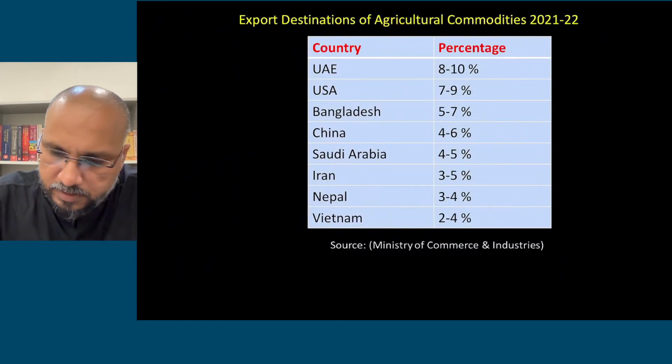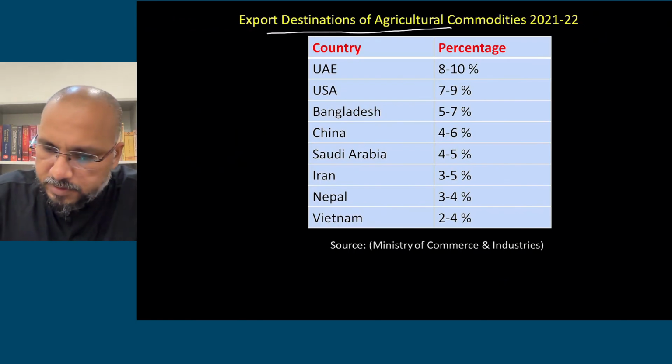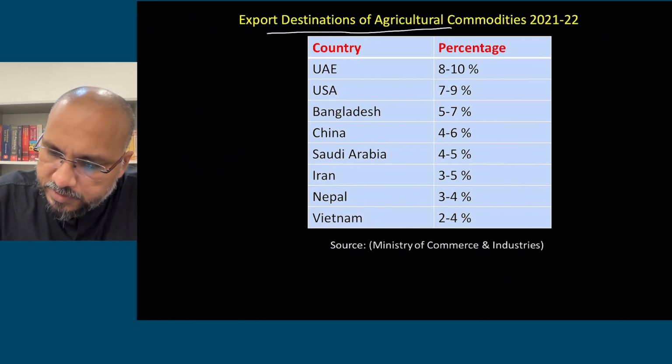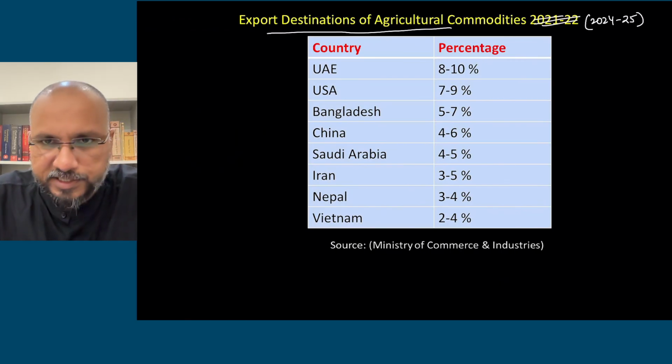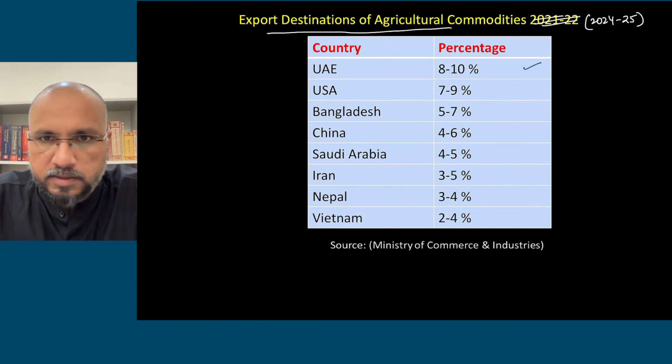Then export destinations, to which countries we export agricultural commodities. Sorry, this I missed, it is 2024-25. I forgot to change it. This is the recent data. UAE is the first one.